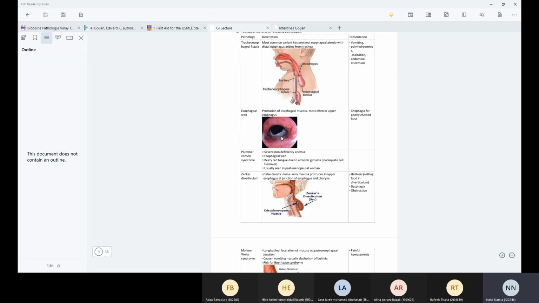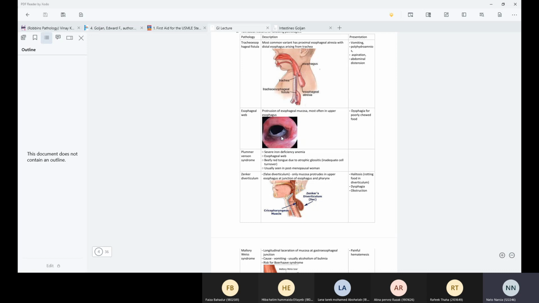Dysphagia you have in esophageal carcinoma. But in esophageal carcinoma, you have progressive dysphagia, progressive. In the beginning, you cannot swallow, for example, solid food, and later already liquid food has a problem. But here in esophageal web, you have dysphagia just for poorly chewed food. Okay, that is also different and important.